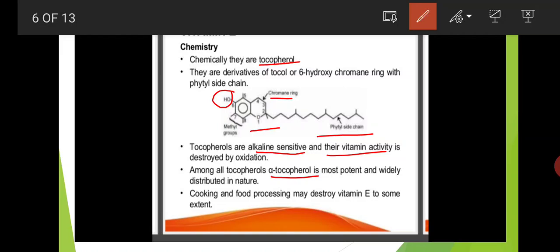Among all tocopherols, alpha tocopherol is most potent and widely distributed in nature. Cooking and food processing may destroy vitamin E to some extent.